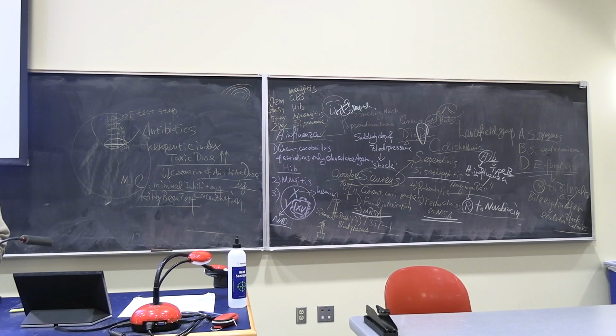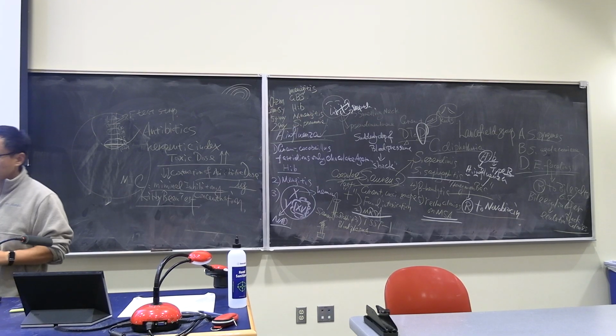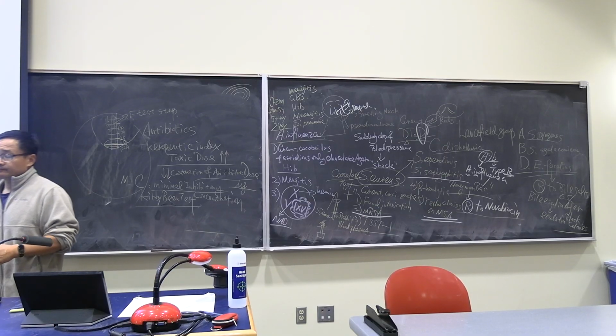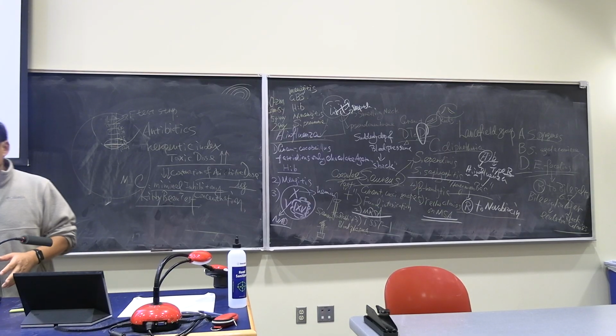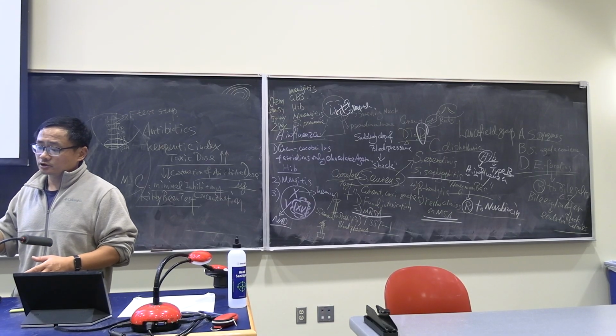Streptococcus mutans. Dental decay. I didn't talk about this one too much this semester because of time limitation. Streptococcus mutans on the teeth. What happens is, usually we eat something like sugar.